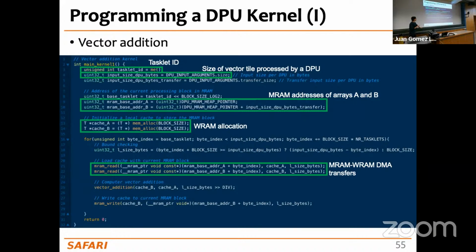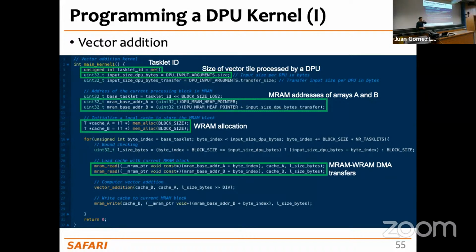The way that this is written here means that each tasklet with a certain tasklet ID is going to perform the same allocation. So we are going to have as many of these cache A and cache B as tasklets we run.